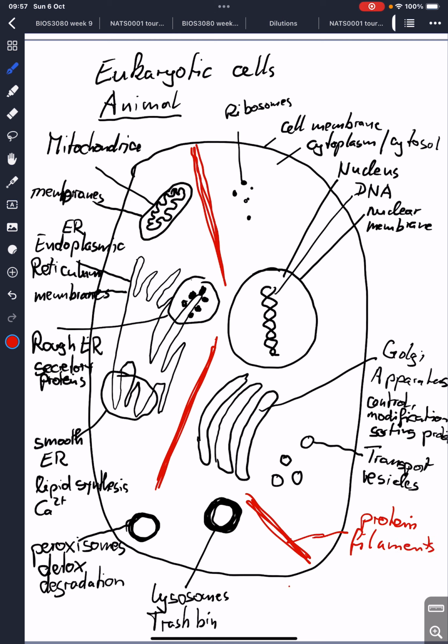And they are part of the cytoskeleton. Now, the cytoskeleton is made up of a number of these protein components, of these protein filaments.